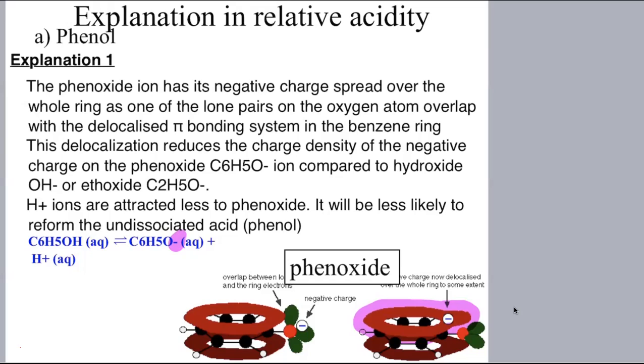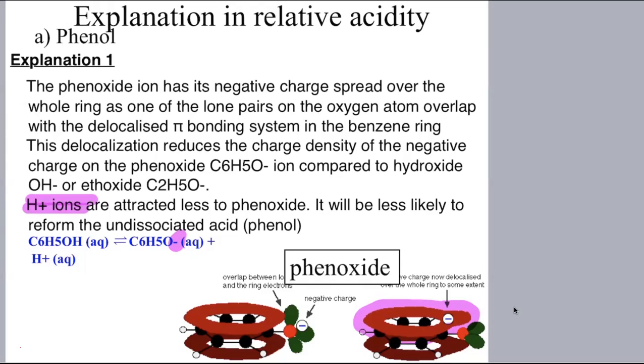So in a way, the negative charge density is weaker. Because of that, the fact that the negative charge is not as strong means it is less attracted to the hydrogen ions.